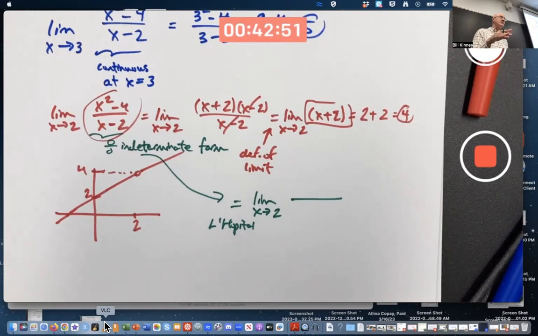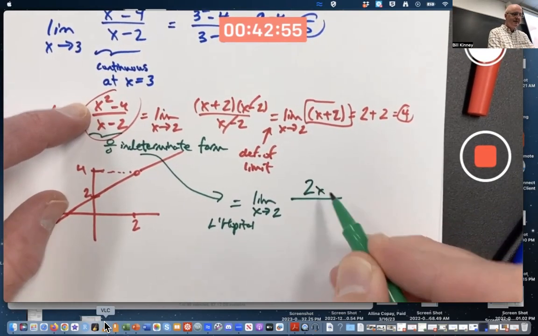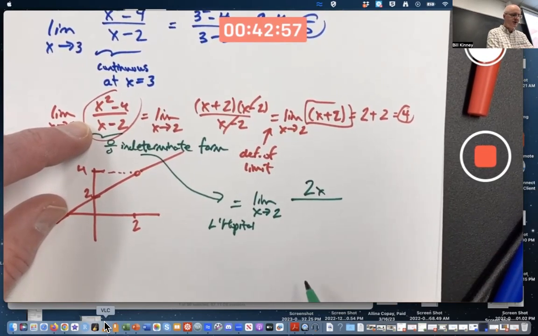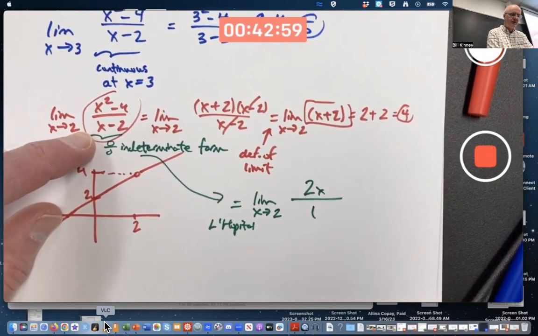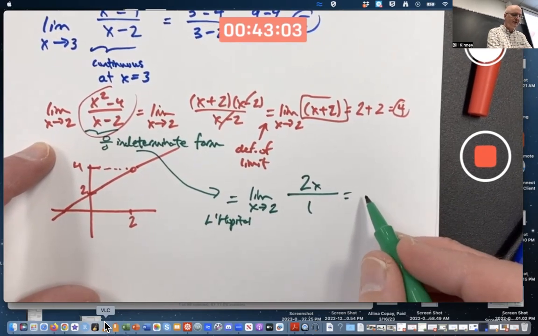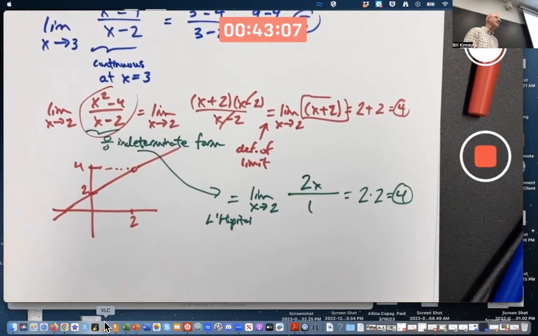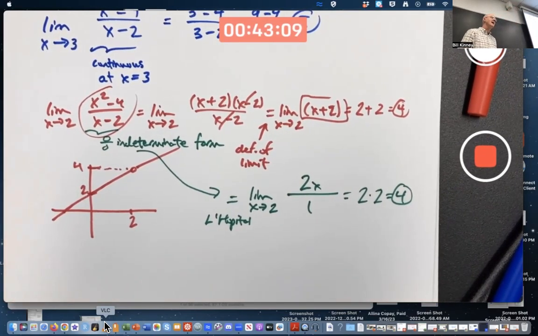Take the derivative of the top, 2x, put it in the top of this fraction, take the derivative of the bottom, 1, put it in the bottom of this fraction. And that's a nice simple limit. The answer is 2 times 2, 4. I get 4 again. Same answer. I have to get the same answer if L'Hopital's rule is right.